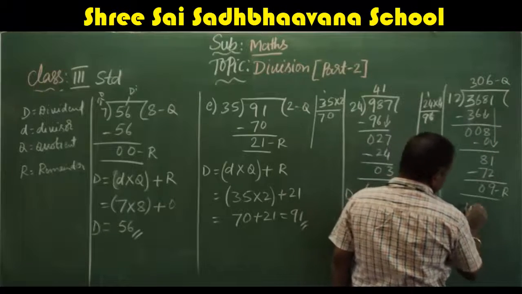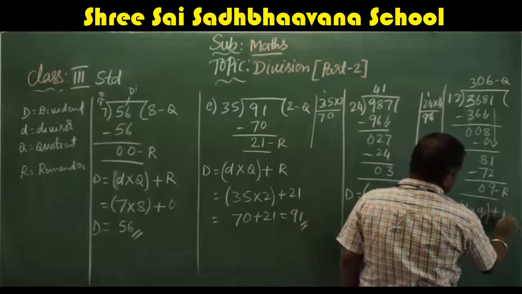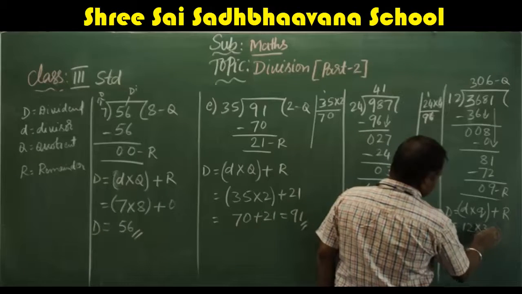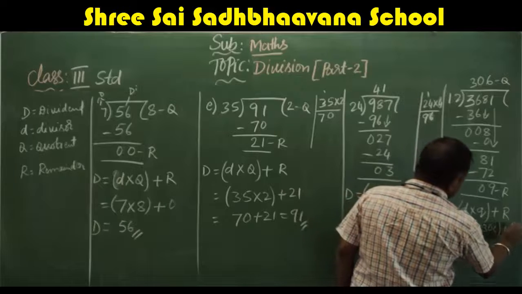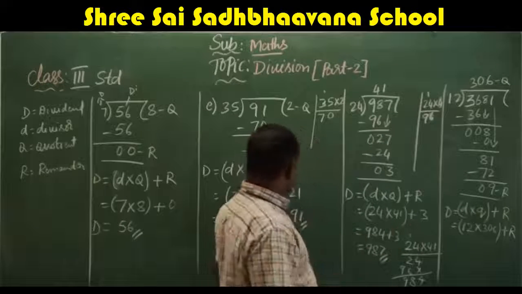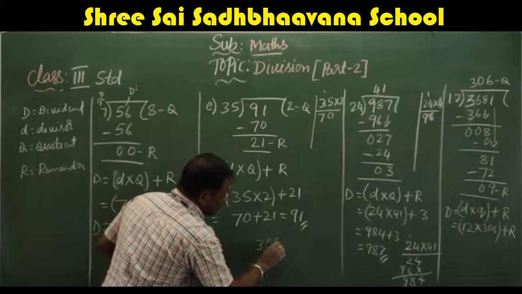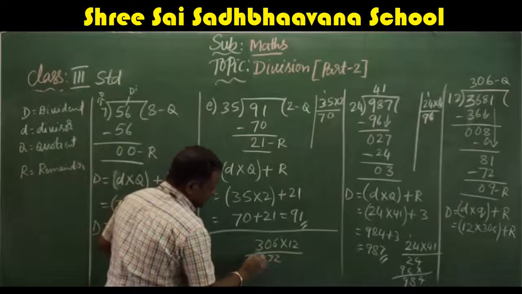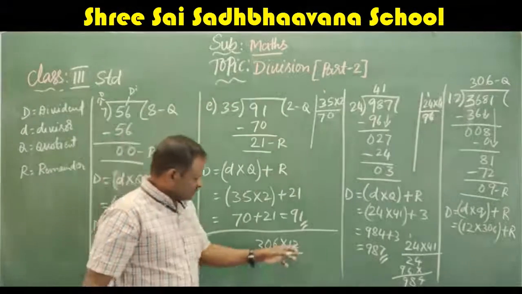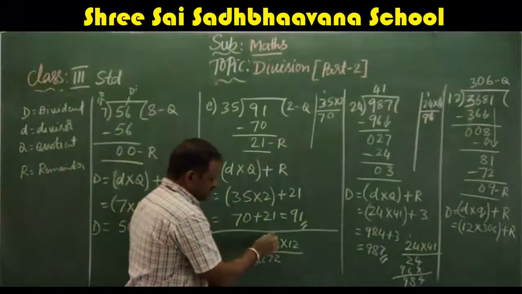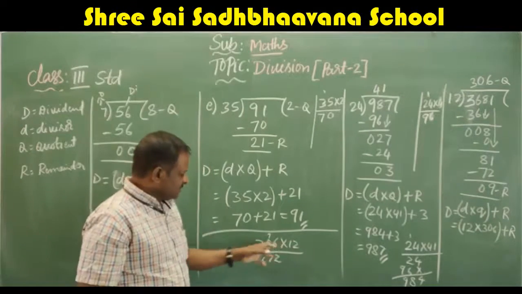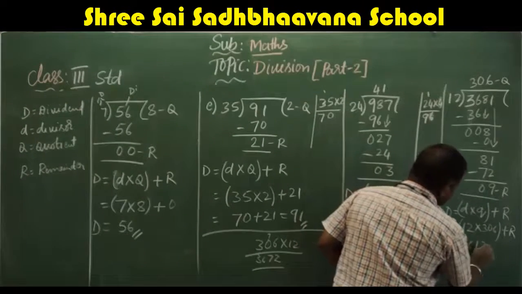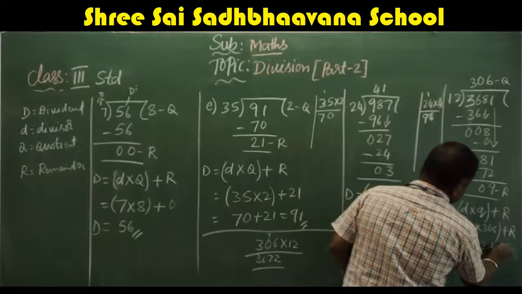So dividend is equal to d into Q plus R. So what is d here? 12 into 306 plus R. We will multiply 12 into 306 here. 12 6s are 72, carry 7, 12 0s are 0 plus 7, 7 here only, 12 3s are 36, you get 3672. So 3672 plus what is the remainder here? 9.